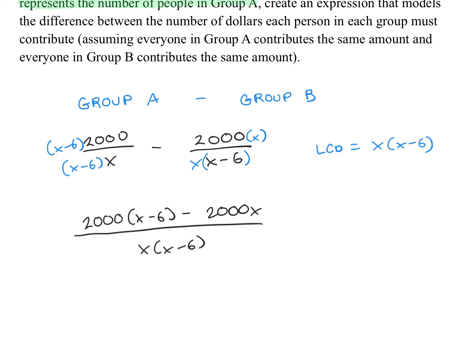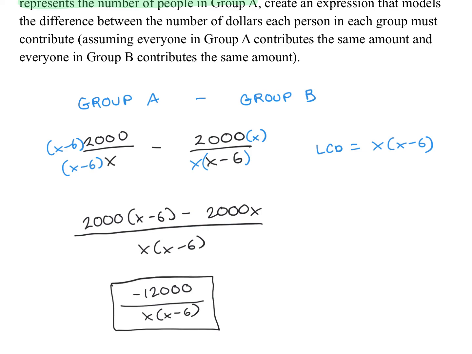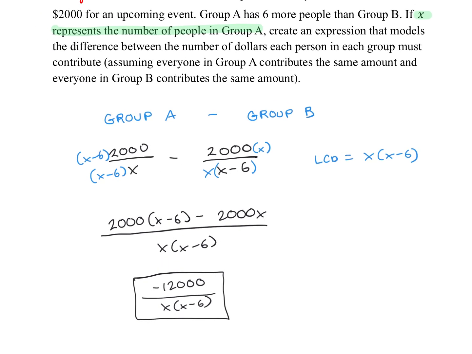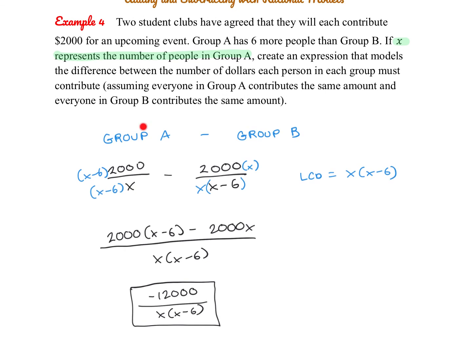And then we have negative 12,000 over our LCD of X times X minus 6. So this represents the difference in how much each person will pay from group A to group B. And of course here we do have 2 restrictions. X cannot equal 0 or positive 6.